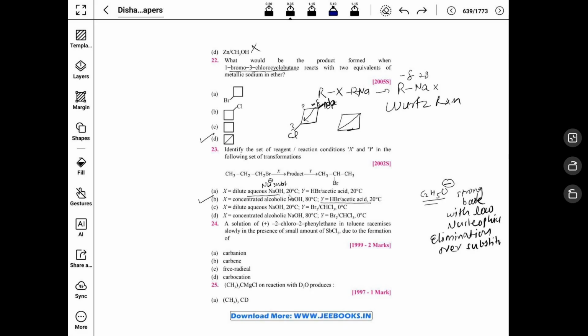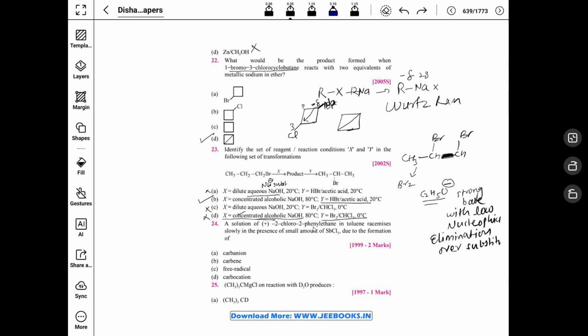Dilute aqueous NaOH, no. And then alcoholic NaOH. Okay, this first part is correct, but what about the second part? In the second part they are giving bromine. If you react this product with bromine, it will lead to bromination of the double bond and give you this dihalide. Therefore option D is incorrect, so option B is the correct answer.